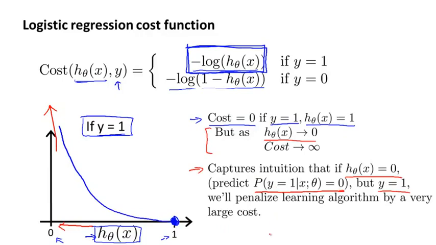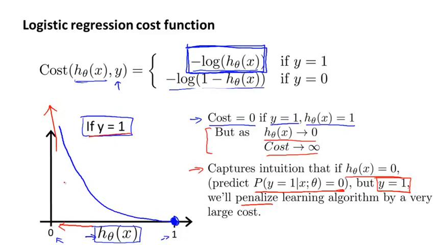So it's like absolutely impossible that your tumor is malignant. But if it turns out that the patient's tumor actually is malignant, so if y is equal to 1, even after we told them that the probability of it happening is 0, then if we told them this with that level of certainty and we turn out to be wrong, we penalize the learning algorithm by a very, very large cost. And that's captured by having this cost go to infinity if y equals 1 and h of x approaches 0.